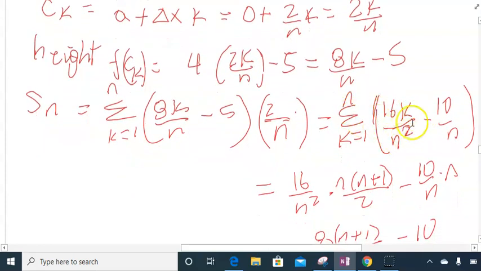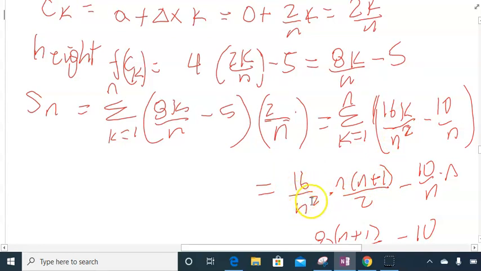If we expand this and use our properties of summation, we will have 16 over n squared, by using the scalar multiple idea, pulling the 16 over n squared to the left of the summation sign, and then by using the formula for the summation k equals 1 to n of k, which was n times n plus 1 over 2.